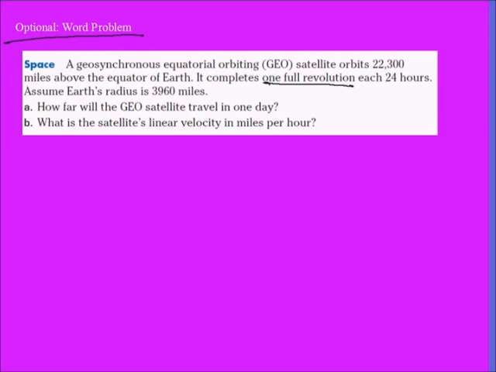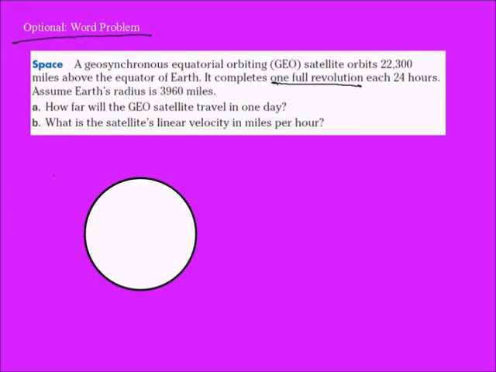So let's get a good old circle going here, and let's call this Earth, okay? So for A, let's call this Earth, okay? And we said that from radius, that's going to be 3,960 miles, okay?